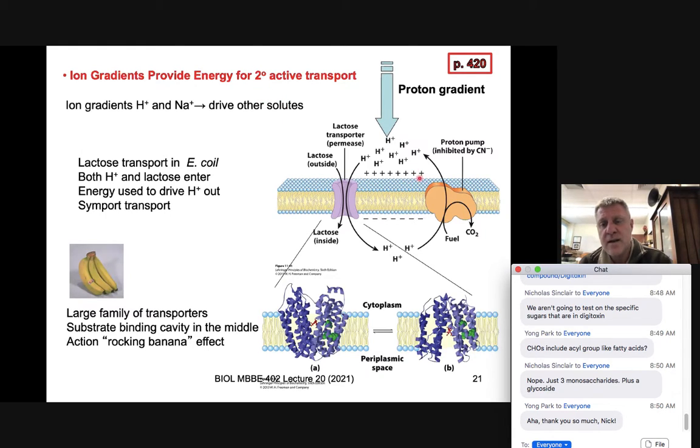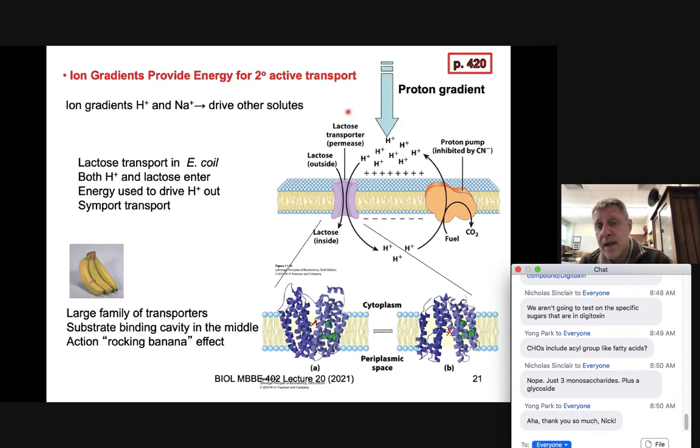So again, here we have a membrane potential component where the protons, which are outside giving you this positive charge on the membrane, want to come in to the negative side of the membrane because they want to counterbalance this and neutralize the electropotential gradient. So what we actually do is use a co-transporter, a permease, which basically allows a sugar, lactose, to come in.